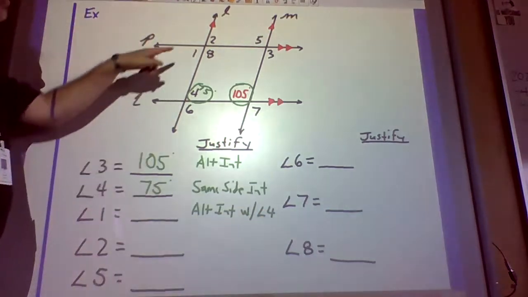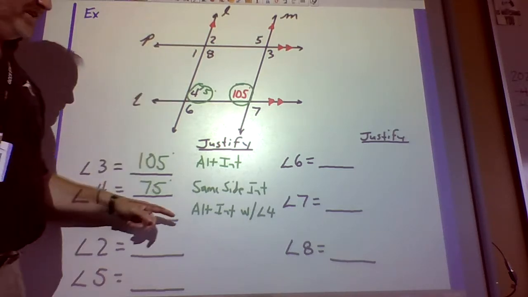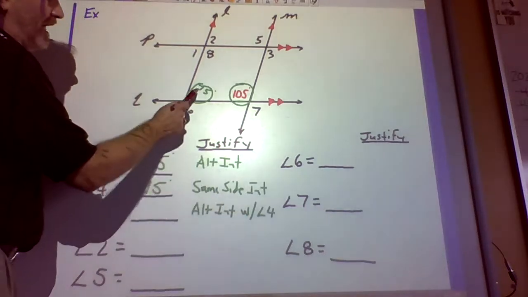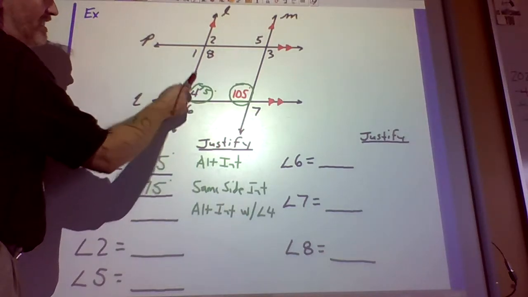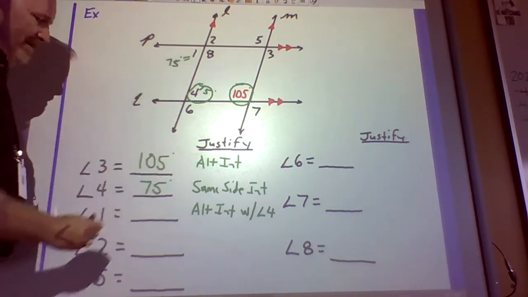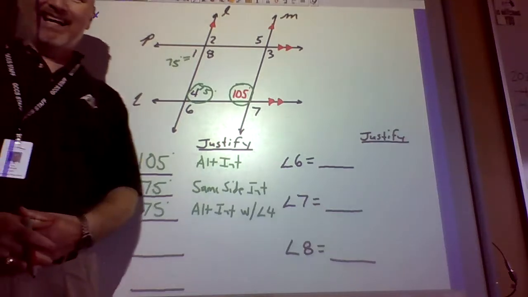All right. So angle 1 is alternate interior with angle 4. And remember, alternate interior is an equal relationship. So he will be equal to angle 4, which is 75, so is angle 1. All right, so I'll put a little 75 there.